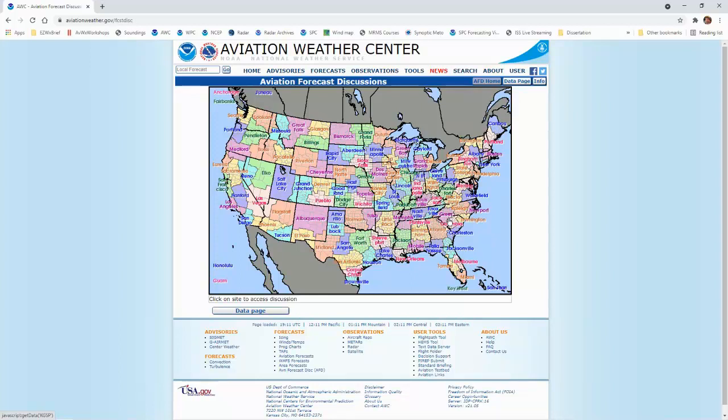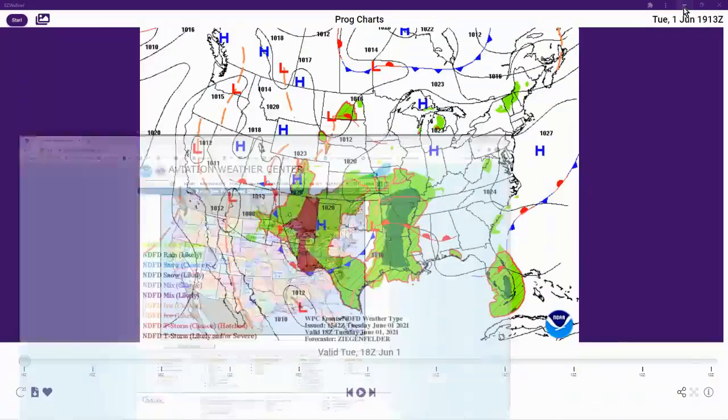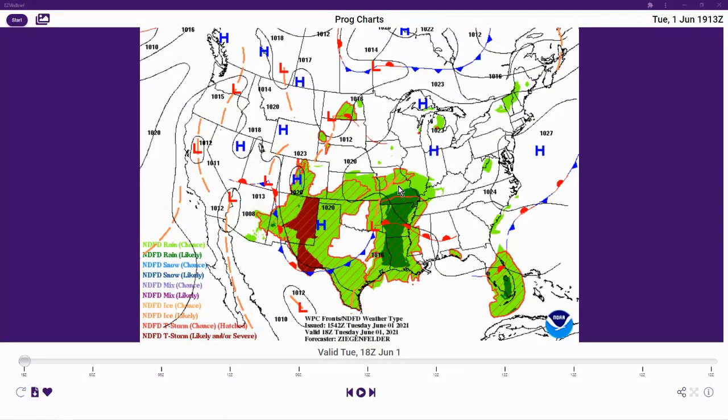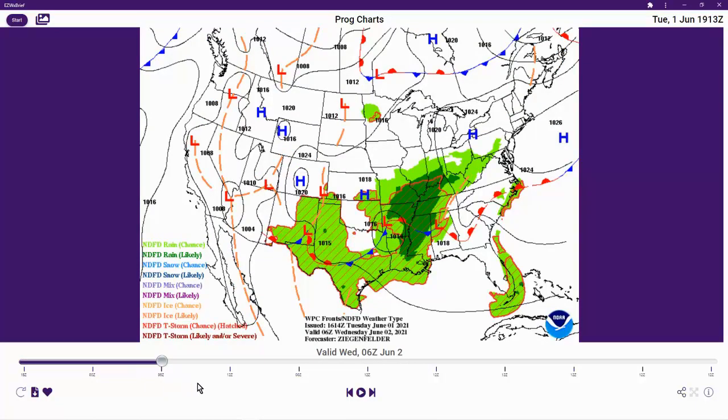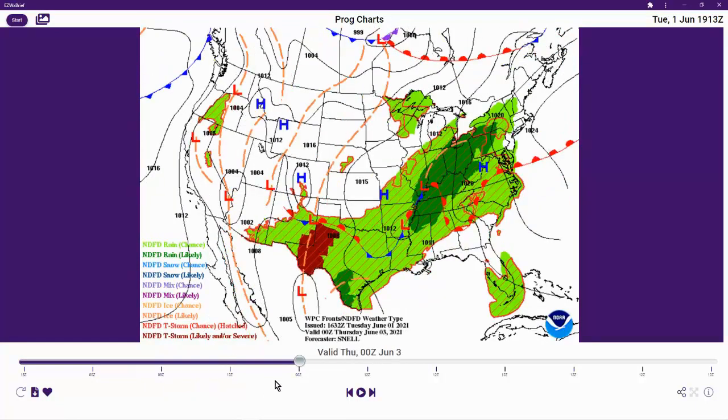The bad part about it is that you'll see that some of these forecast offices have pretty hard boundaries right at the state boundaries, for instance, especially Atlanta, or you'll see Albuquerque as well. And often when you look at the Prog charts for those particular areas, in some cases you'll see that the boundaries tend to be kind of hard edges to the forecast based on the boundaries of that forecast area.